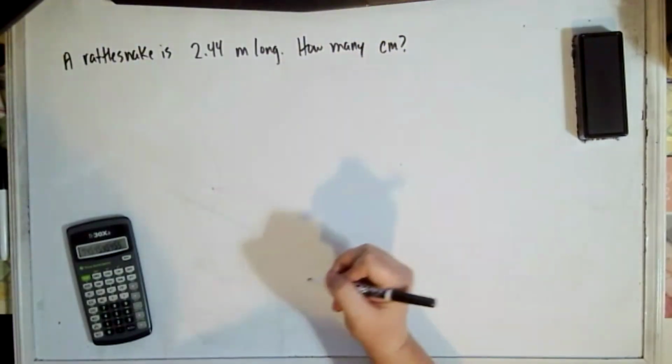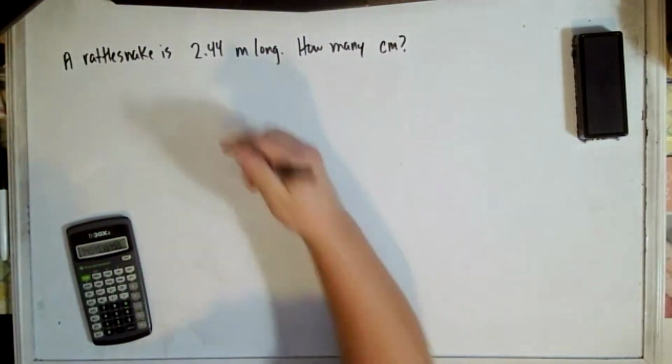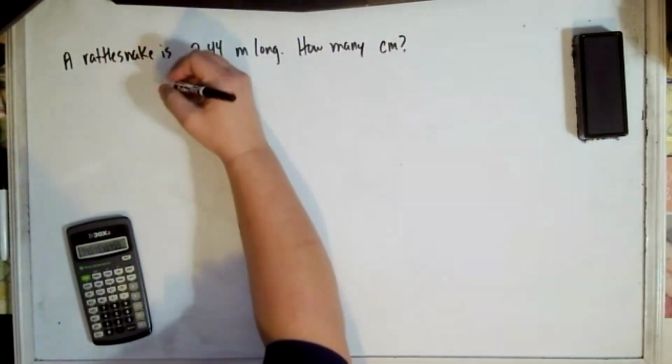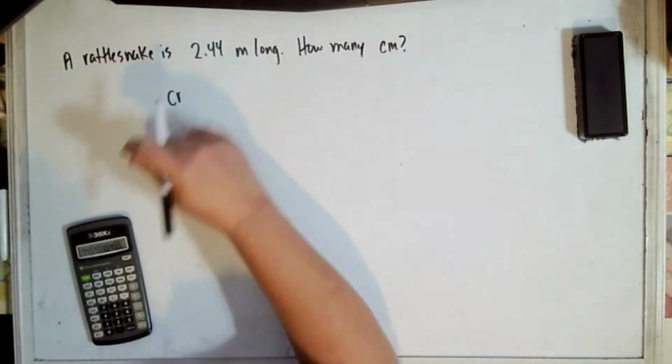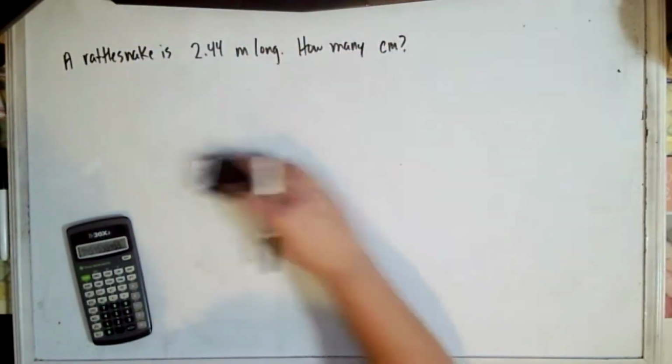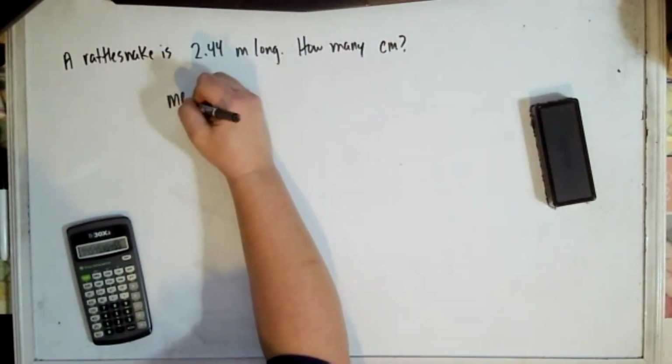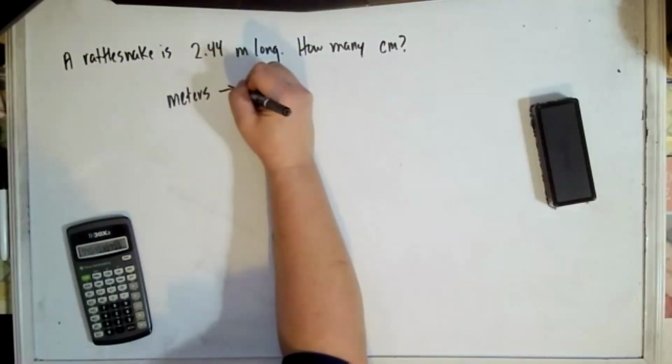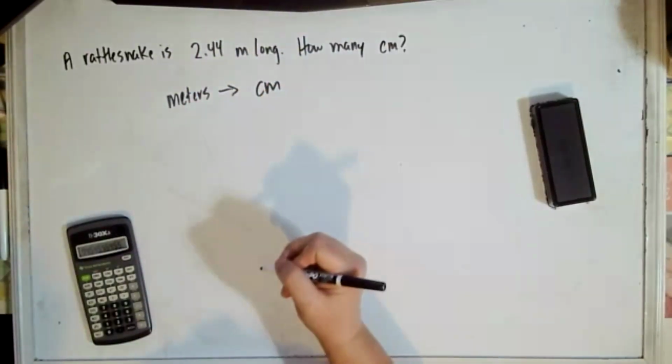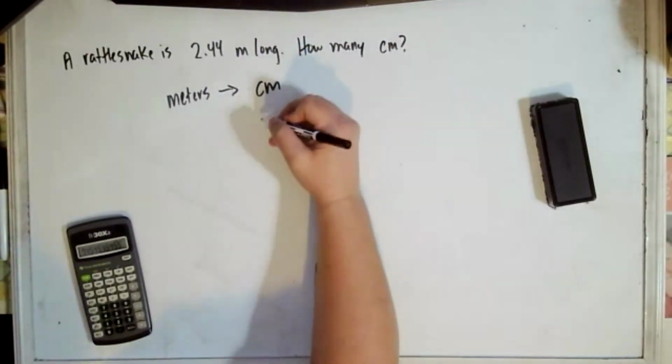Okay. And so our map that we can make for ourselves is we're trying to go from meters into centimeters. And so we want to write down our conversion.